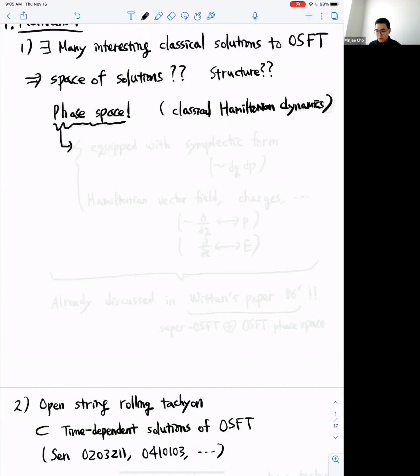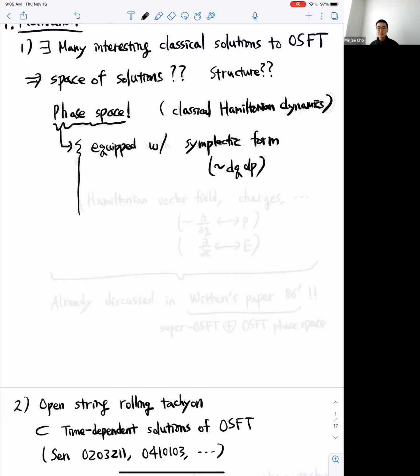And that's not the end of the story. It has some structure. In particular, we all know that it is equipped with something called the symplectic form. In the simplest example, this is what we write down: dq wedge dp, where q is the position and p is the momentum.